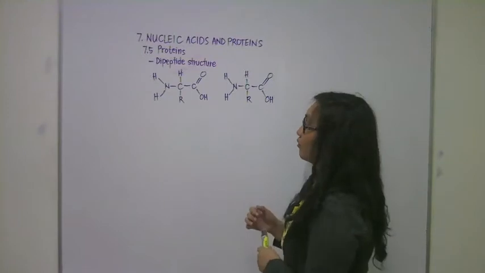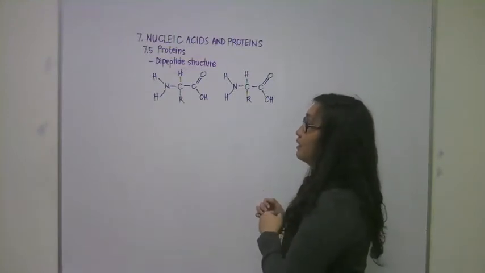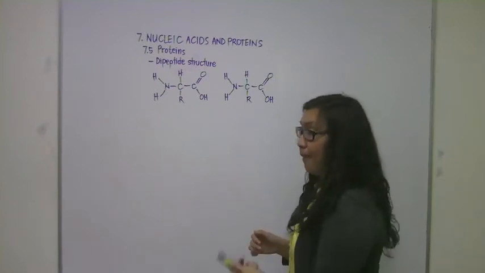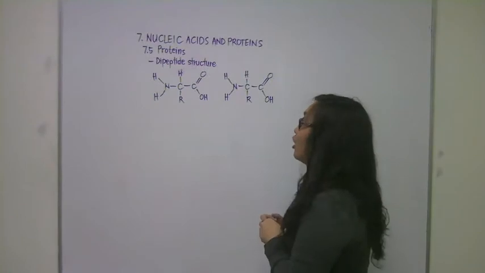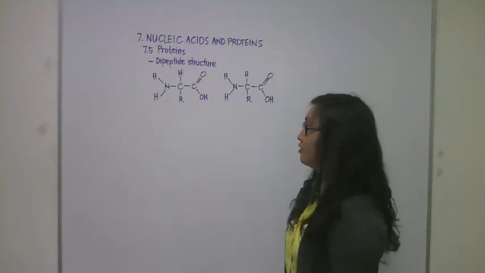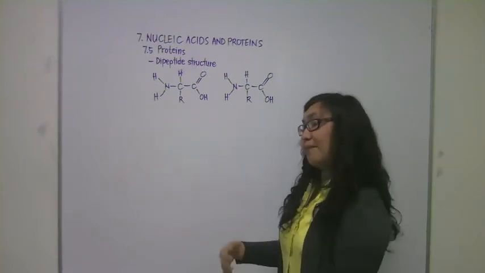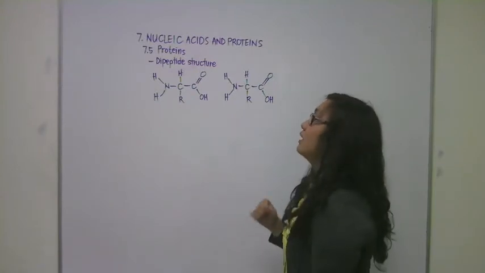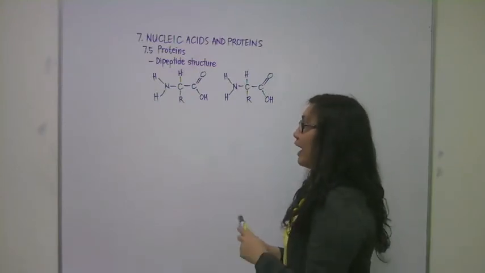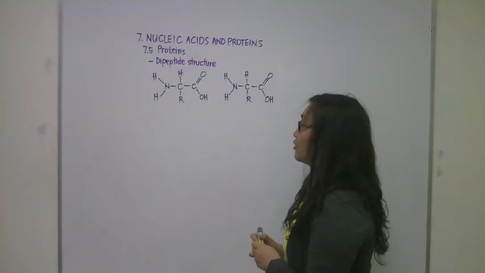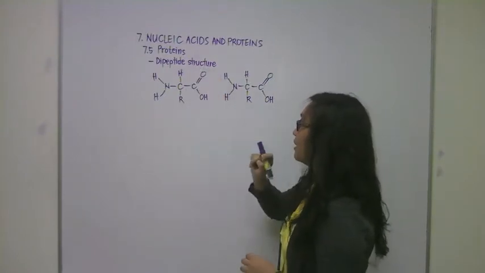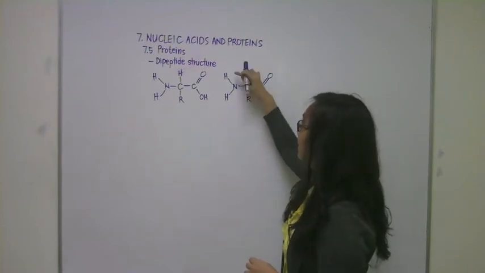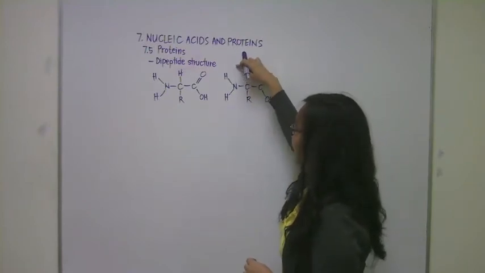For our starting points in the topic proteins, they should know the structure of a dipeptide and how a dipeptide is formed. I have drawn two amino acids that are adjacent to each other. A dipeptide is formed because of the interactions between the hydroxyl group of the carboxyl part and the hydrogen from the amino group.